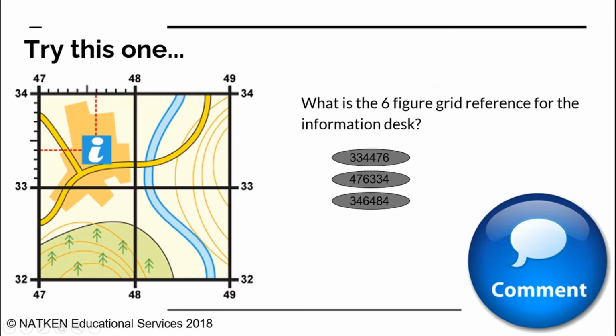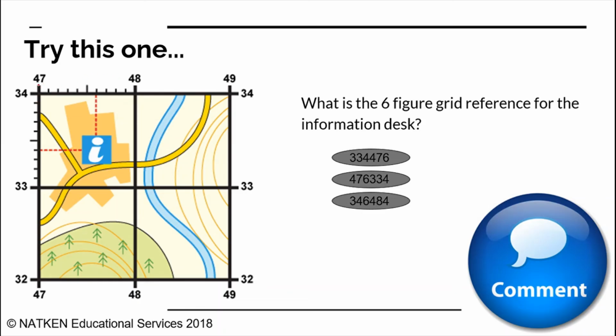Here's another one for you to try. What is the six-figure grid reference for the information desk? So this is our information desk here. We are seeing the grid square that it is in, and you have 3 options to give your answer. So you are doing the 4-figure grid reference first. You're always doing your easting lines first.